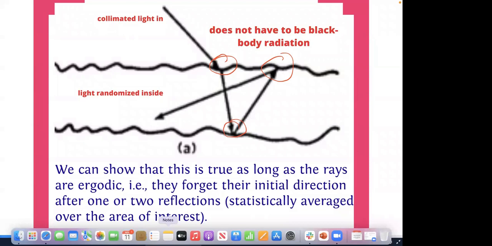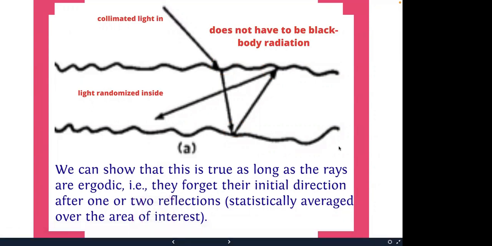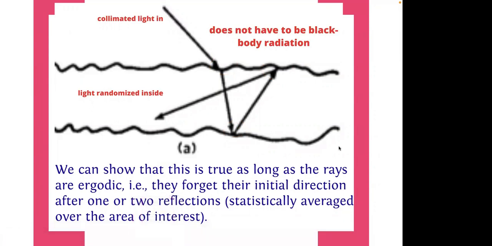You can actually show this mathematically, that as long as the rays are ergodic, that is, they forget their initial direction after one or two reflections, which is statistically average over the area of interest. What does that mean? You start with a single ray, a beam of light.